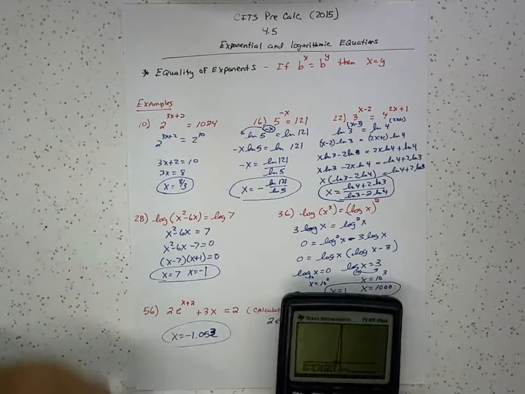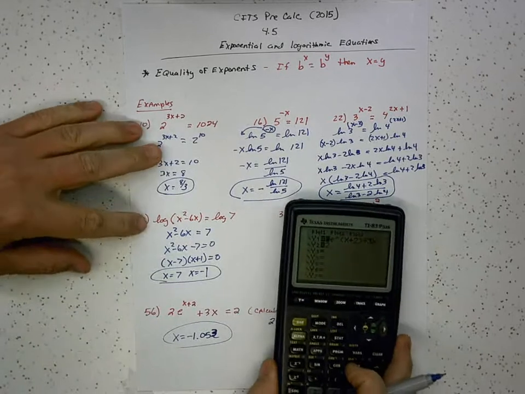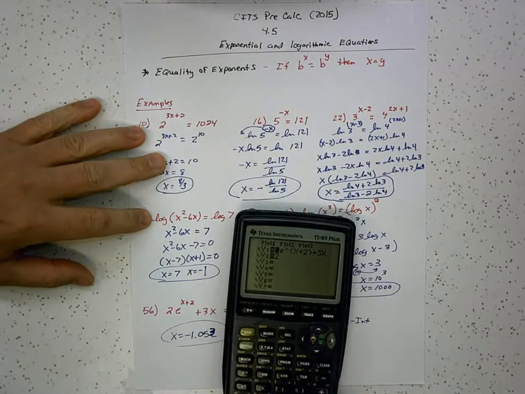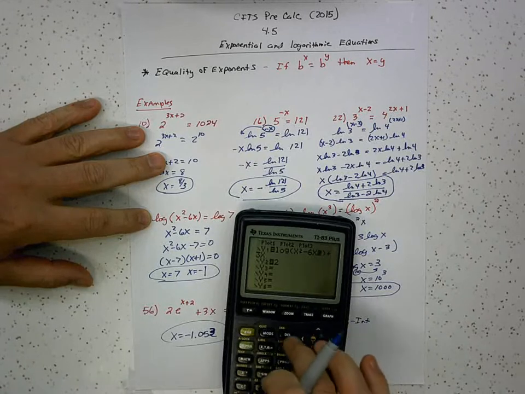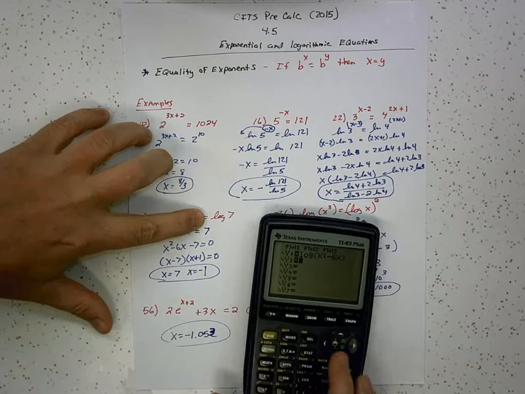Now, technically, all of these could be done that way, but that's not what we're teaching here. Okay, so if I wanted to solve this one out real quickly, I could do the log of x squared minus 6x and then the log of 7.